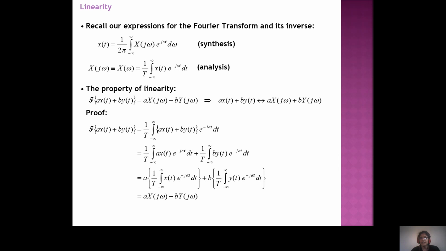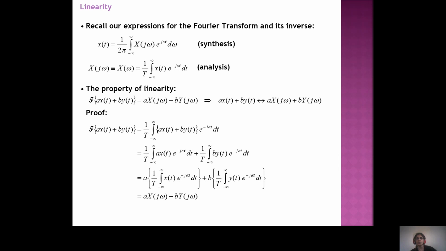For the property of linearity, two variables must be there. That is, Fourier of a into x of t plus b into y of t is equal to a into X of j omega plus b into Y of j omega.